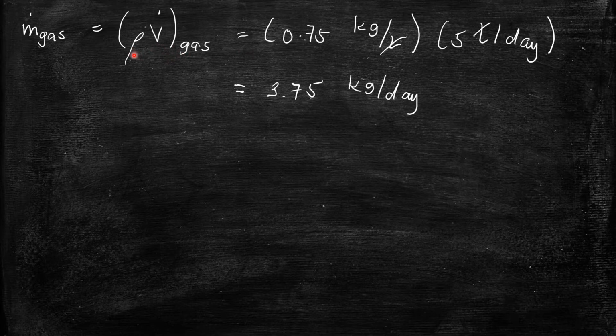Since the average density of the gasoline is 0.75 kilograms per liter, and the volume rate or the consumption of the car is 5 liters per day, we need to cancel the liter, which is in the denominator and this one in the numerator. Calculating this, 0.75 times 5 is equal to 3.75 kilograms per day. And this is the mass of the gasoline used per day.